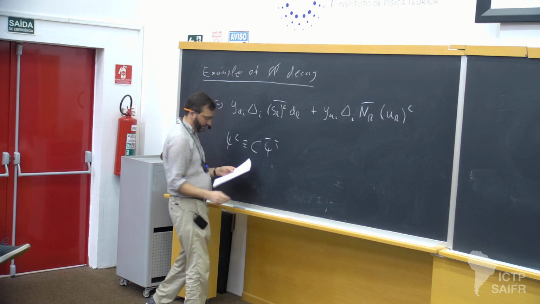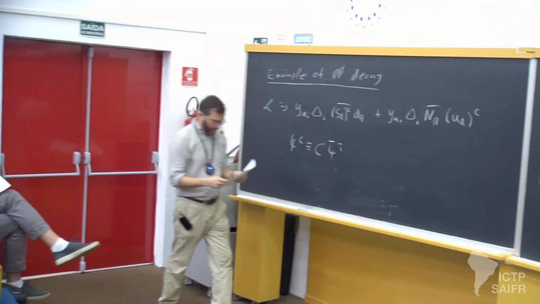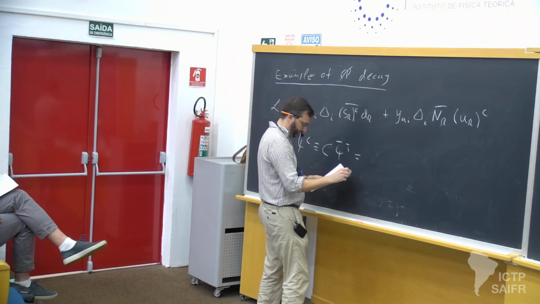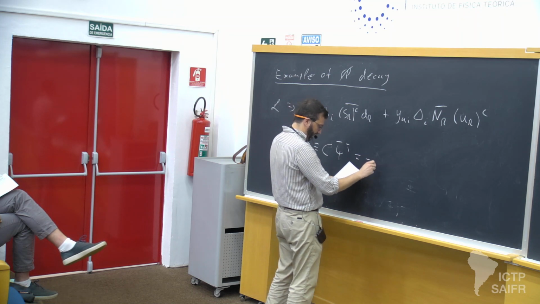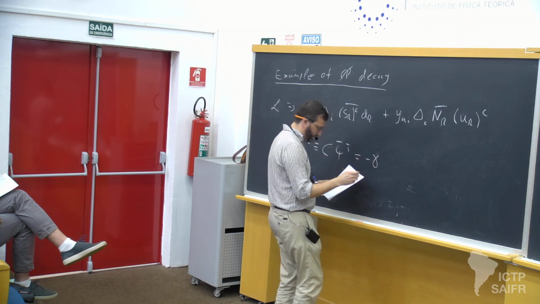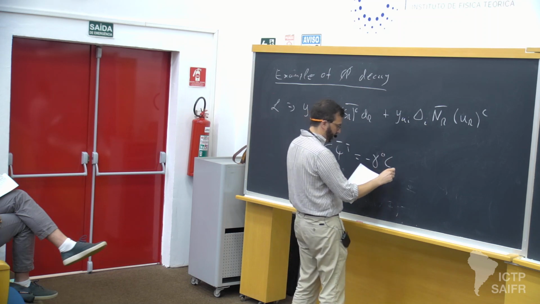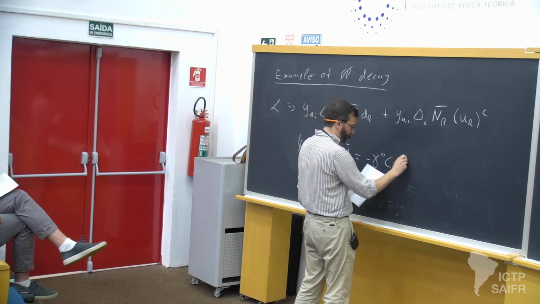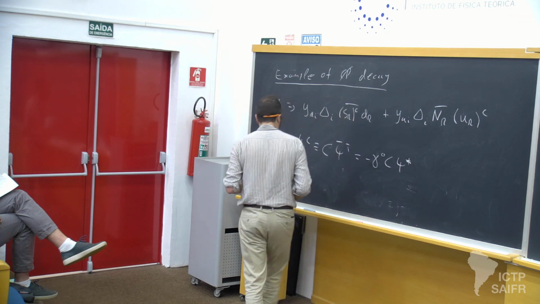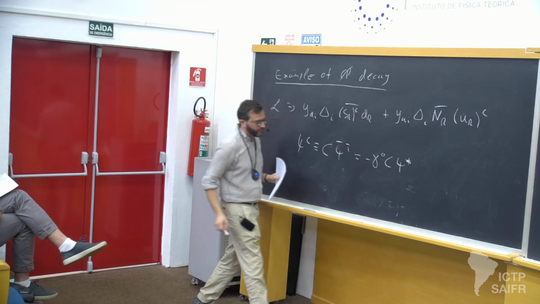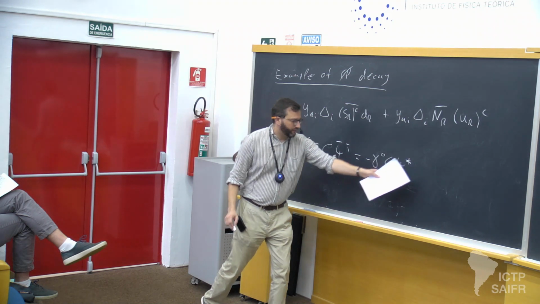psi bar transposed. We saw this in the Weyl representation, but in any gamma representation of the gamma matrices, it can be written like this, where this is the charge conjugation matrix, and here you have the complex conjugate.